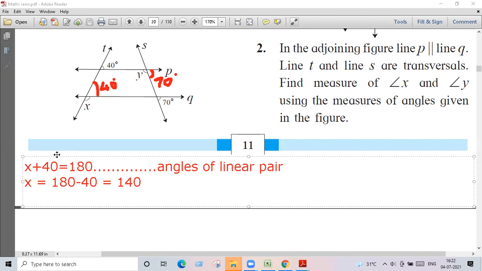Similarly, for y, y plus 70 is equal to 180. Reason is that angles in linear pair.